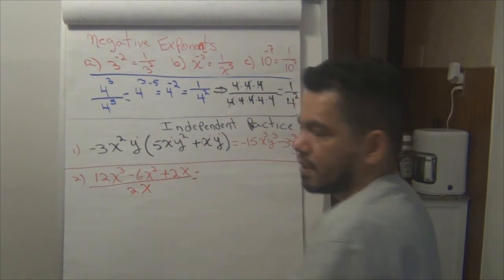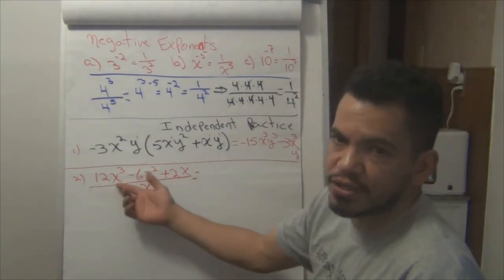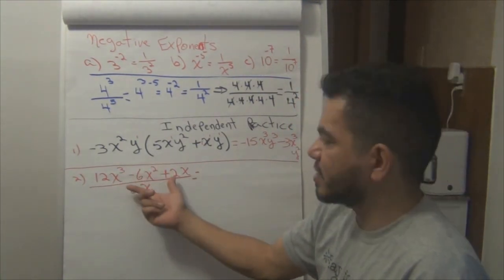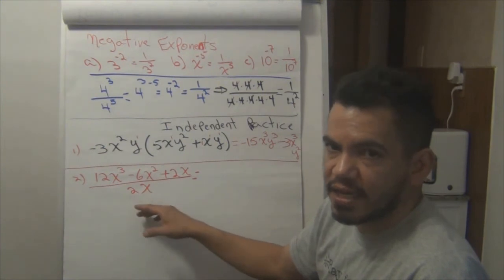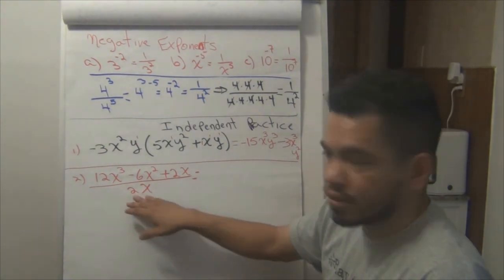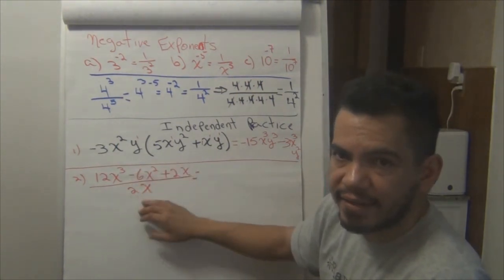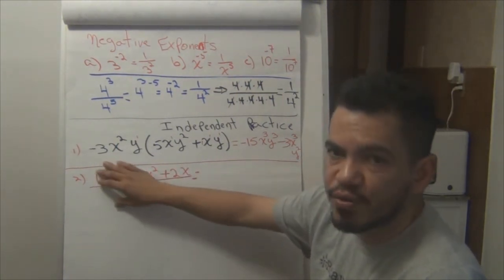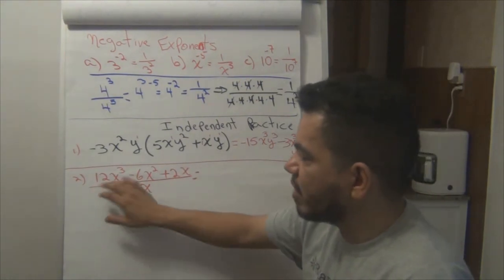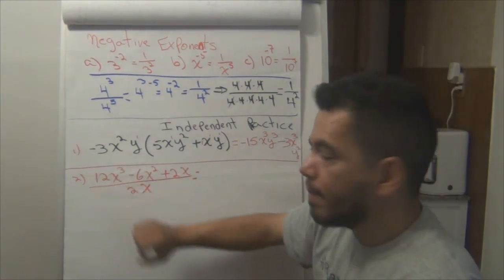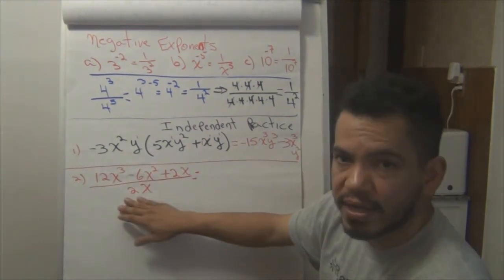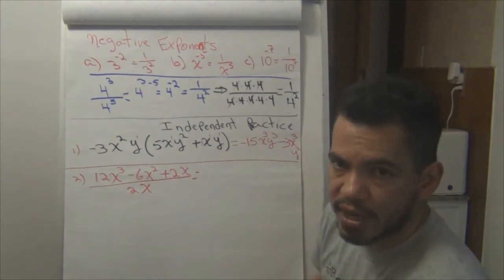Okay. Listen to me. When you have an expression that has addition and subtraction and you're dividing by a single number or 2x, everything gets divided by that number. In other words, you could rewrite this as 12x to the third divided by 2x, minus 6x squared divided by 2x, plus 2x divided by 2x.